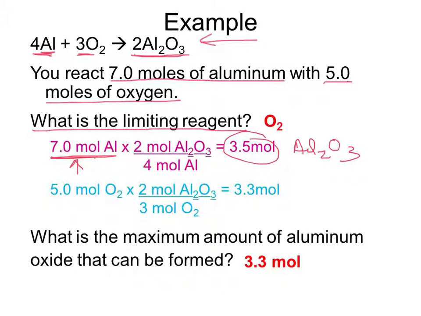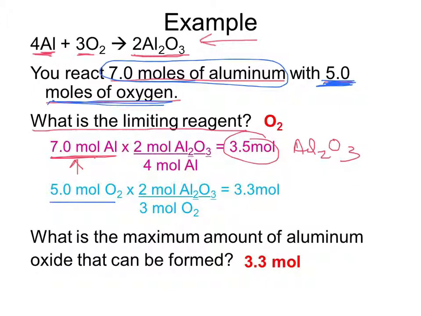Now, the flip side is that when I look at this from the oxygen standpoint, because I was given 5 moles of that too, right? So I know how much I'm going to make if I had all 7 moles of aluminum and an excess amount of oxygen. Now I have 5 moles of oxygen and an excess amount of aluminum, right? I start out with 5 moles.